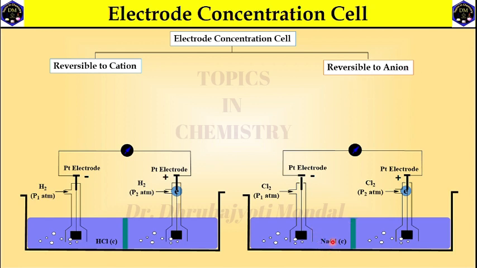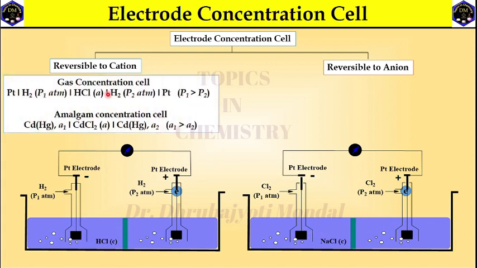Here Cl minus converts to chlorine gas, oxidation, and here the Cl2 gas converts to Cl minus. So here the Cl minus is the main ion that transfers from one electrode to the other electrode. That's why it is called reversible to anion. So electrode concentration cells are two types: reversible to cation, reversible to anion.